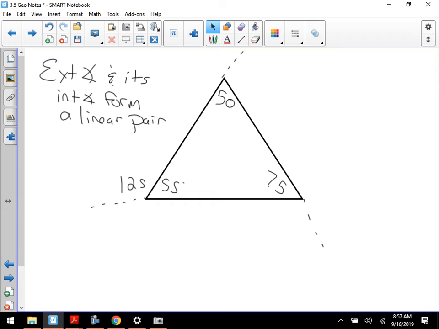Now, I just made up some numbers real quick that work. I say this one was 55, that was 50, and that was 75. All three of those angles add up to equal 180. You guys are okay with that? All right. So what would the exterior angle have to be? 130. Very good.